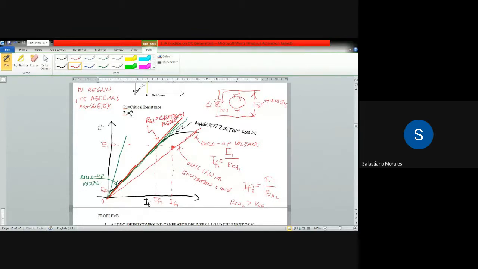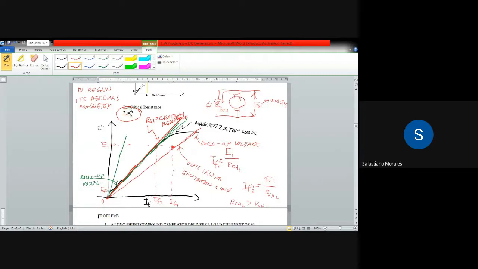resistance. So itong tinatawag natin na critical resistance, such that we can compute that by considering any point between the magnetization curve and the excitation line, where they coincide. So any point here, determine the voltage and corresponding field current and take the ratio, that will give to us the critical resistance with this formula.